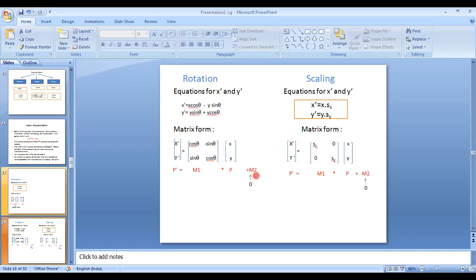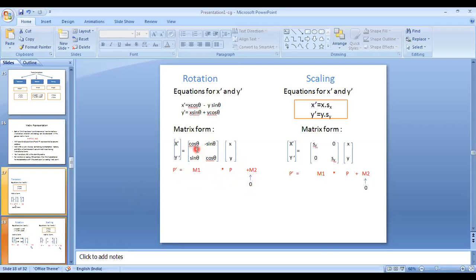Plus m2. So here, what is this additive matrix? There is no additive matrix, so this plus m2 will be 0 here. This is how I have converted the general equation p dash is equal to m1 into p plus m2 for the rotation matrix.